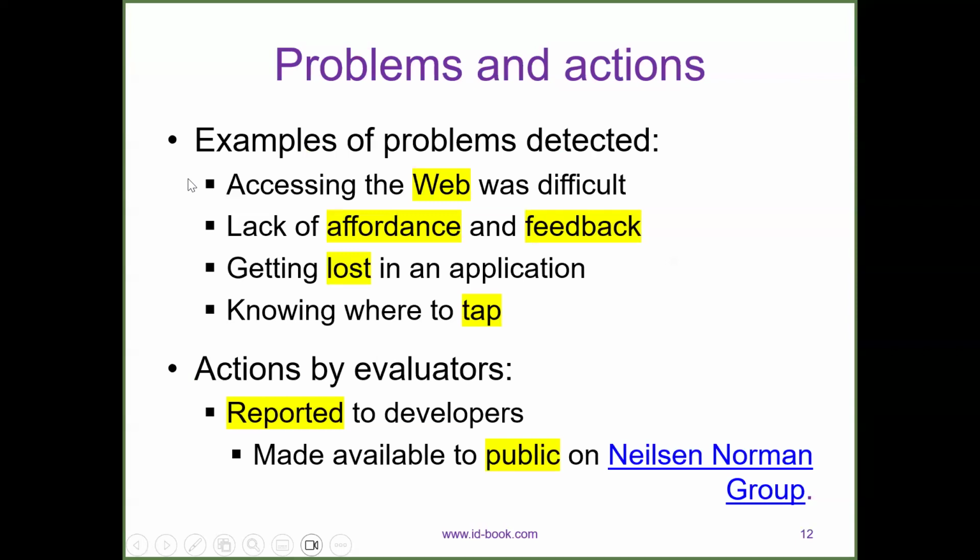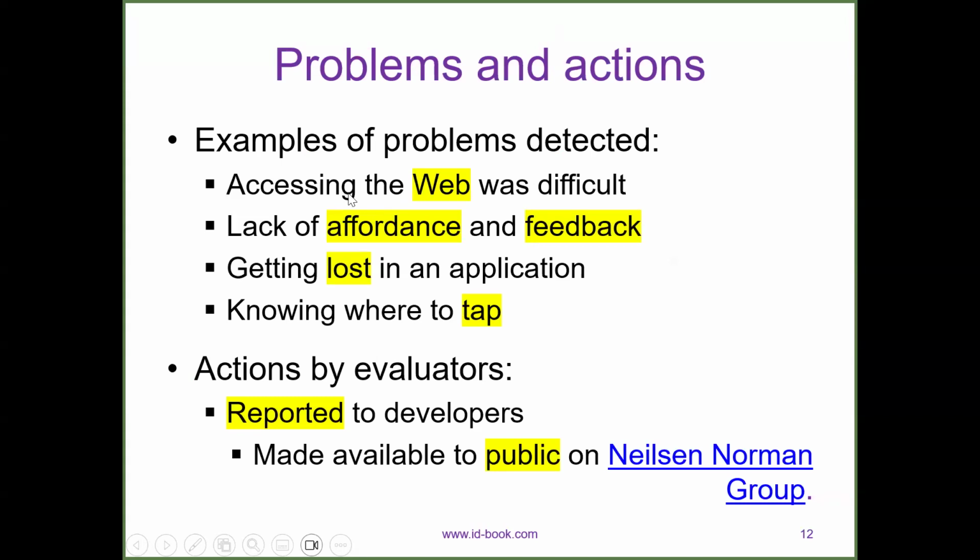The problems and actions were observed, which is actually the essence of usability testing. The evaluators watch the participants, seeing how they use the technology in their daily routines. The problems that were identified included: accessing the web was difficult.